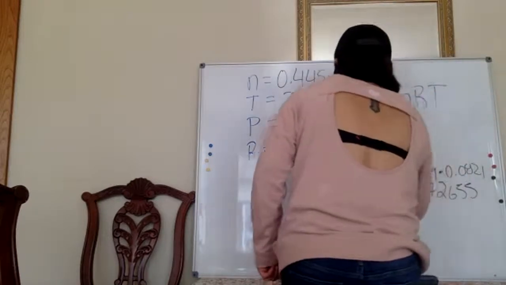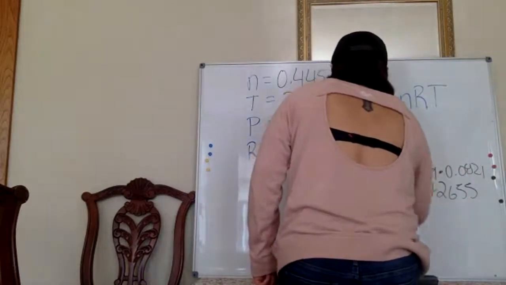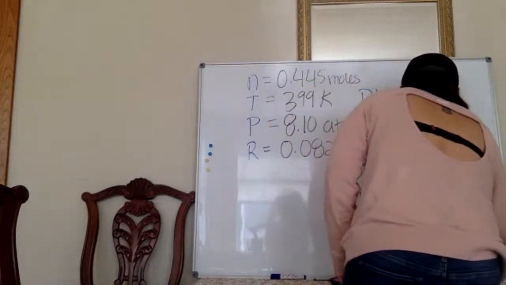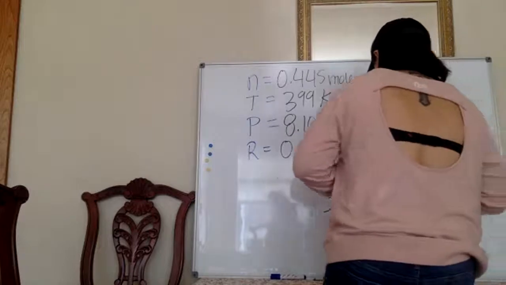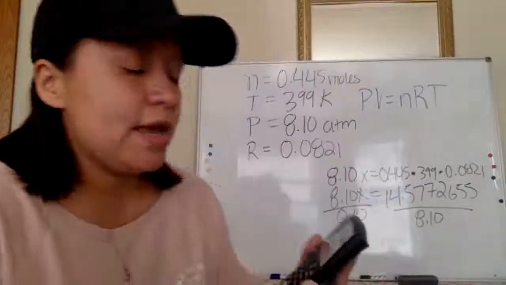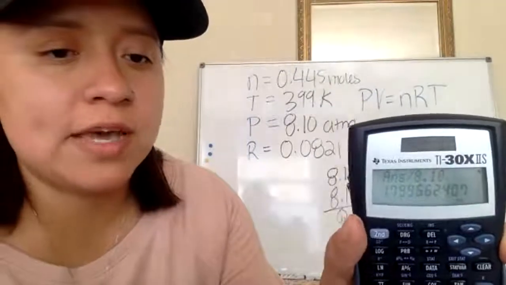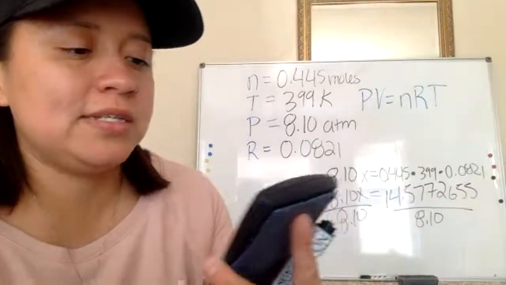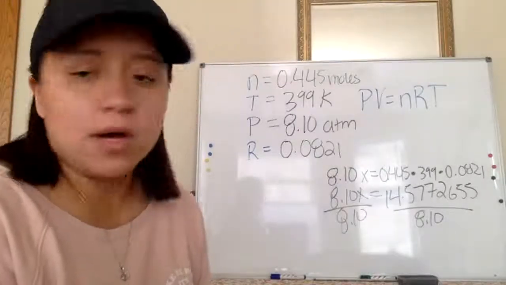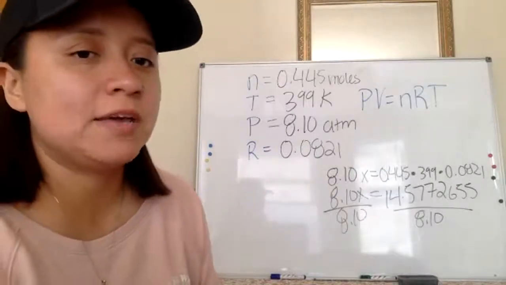And that equals 8.10x. You're going to divide both sides by 8.10. And you should get 1.799662407. So, how many sig figs?